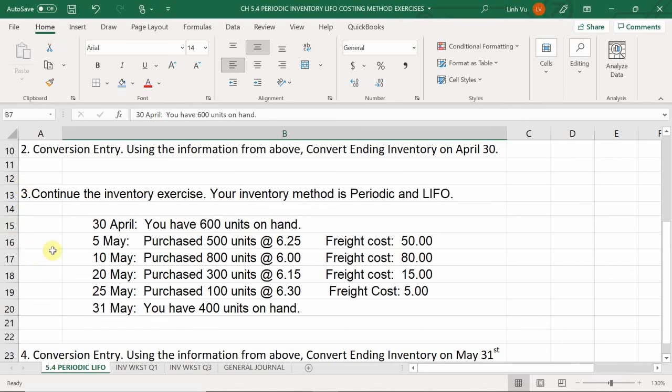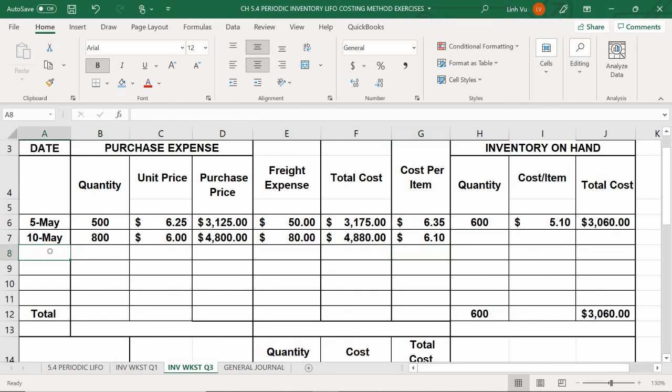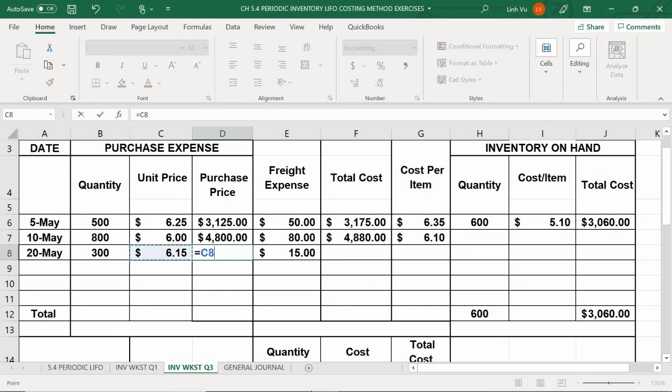Then May 20th rolls around and we purchase an additional 300 units at $6.15 each with the freight costing 15. So once again, it is May 20th. We purchased 300 units at $6.15 with a freight of 15. What's my total purchase price going to be here? $1,845.